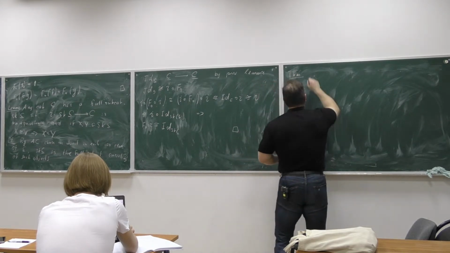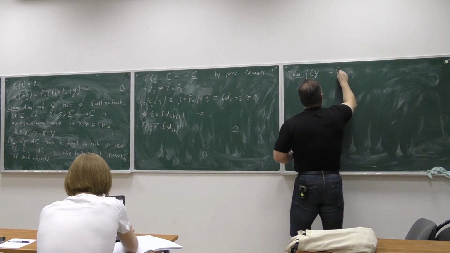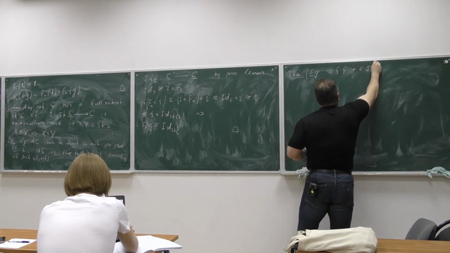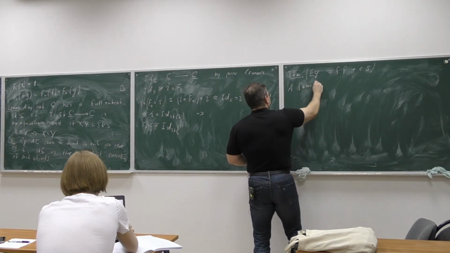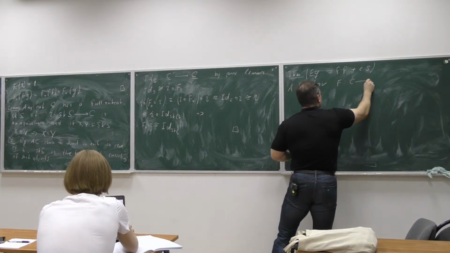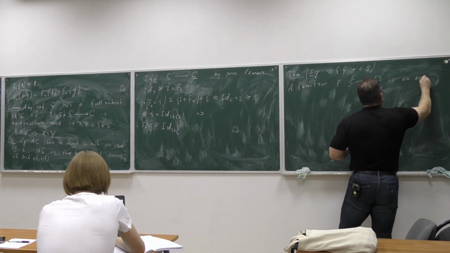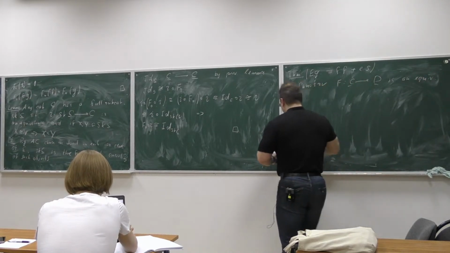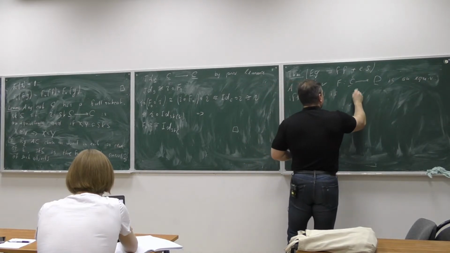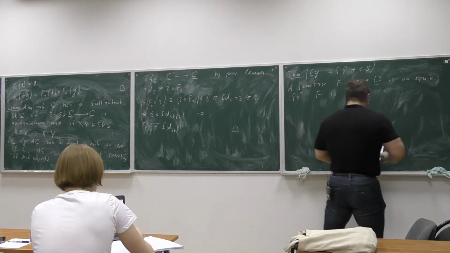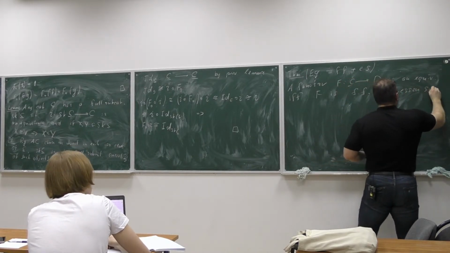Finally, the theorem. Equivalence is the same thing as fully faithful plus essentially surjective. So a functor f from C to D is an equivalence if and only if f is fully faithful, for shortness I'm going to write ff, and essentially surjective.